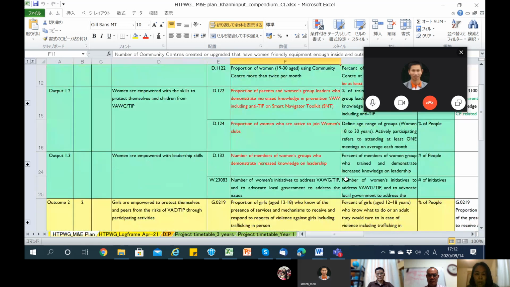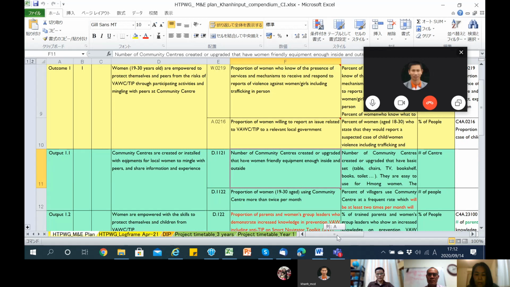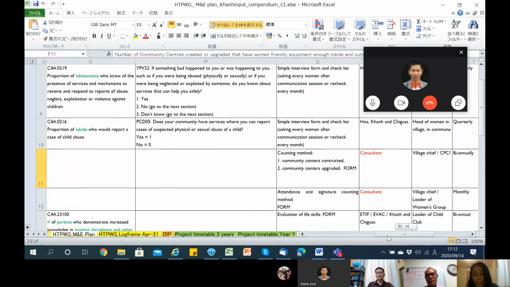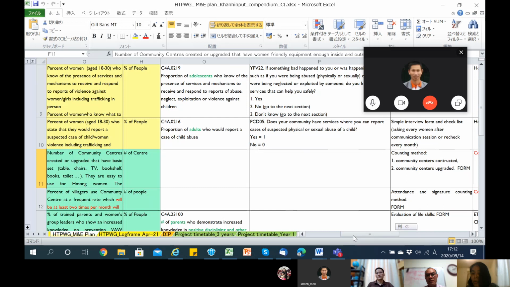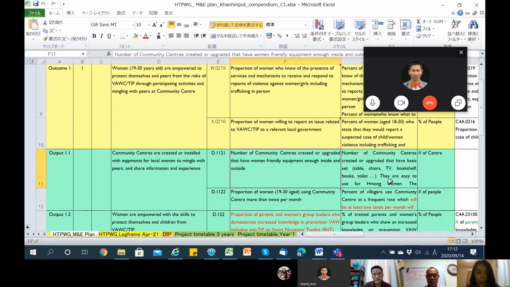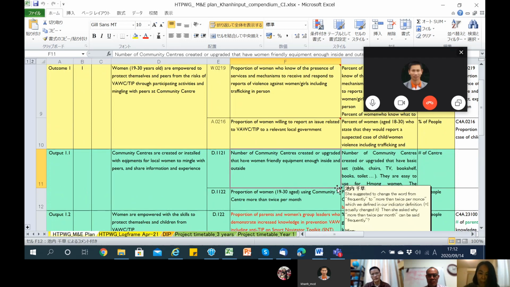Basically, most of the indicators, we already have tools from either the partnership, like the Global Center, or our previous human trafficking project in the past. So how much would you like me to explain about the indicators? If we go one by one, it will take a lot of time.